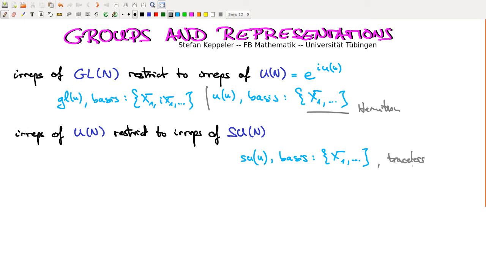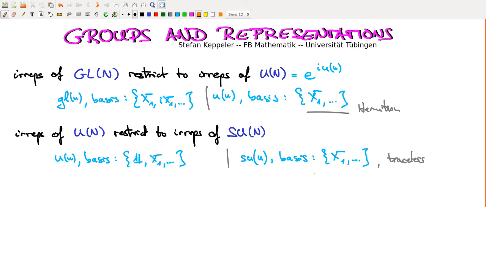And in order to get all the Hermitian matrices, we just have to add one generator here. So if we go to UN again, little un, we can take this SUN basis and just add a unit matrix. And then we continue with the SUN basis here.